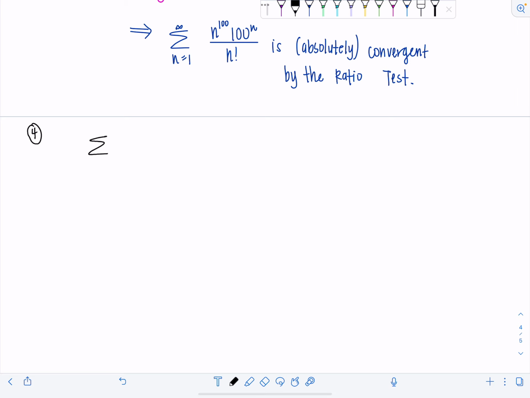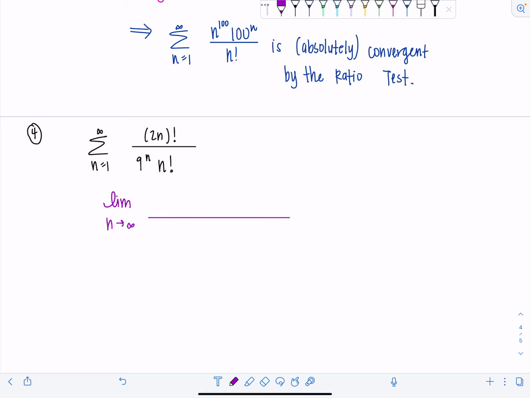The sum, n equals 1 to infinity. Now this is different here. Let's see, we've got 2n factorial over 9 to the n times n factorial. All right, here we go. Limit, n approaches infinity. Be careful.